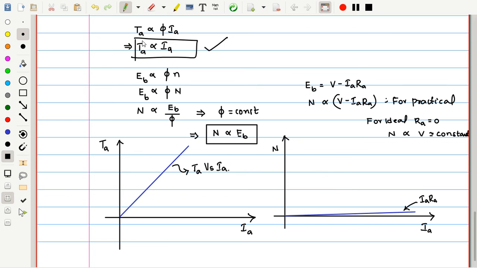Whether current is 1 ampere, 2 amperes or 100 amperes, let us say the no load speed is this much, and that will continue like this. This is the ideal characteristic. The speed is constant, equal to the no load speed.